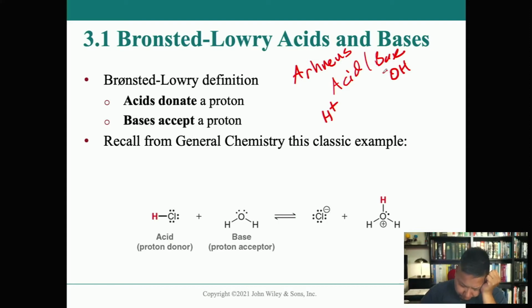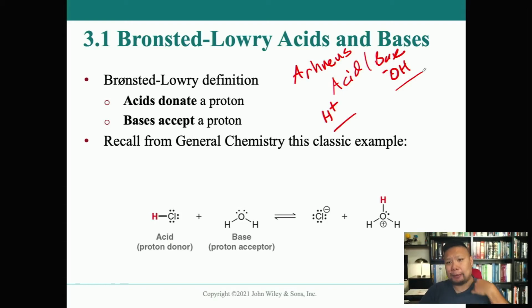It only allowed for protons and hydroxides, but we know now that there are plenty of other species that can be involved when we're talking about acid-base chemistry. And by the way, when I say the word species, I mean ions or polyatomic ions or things like that.